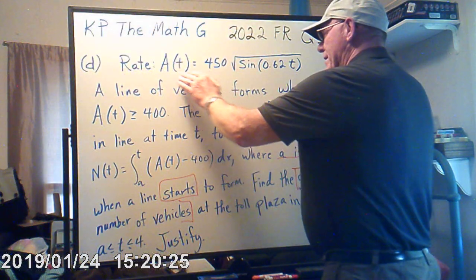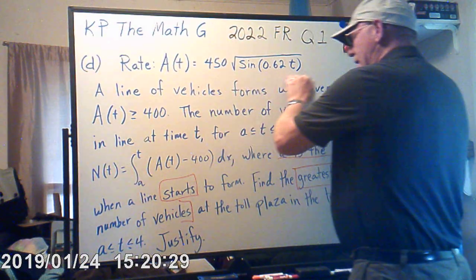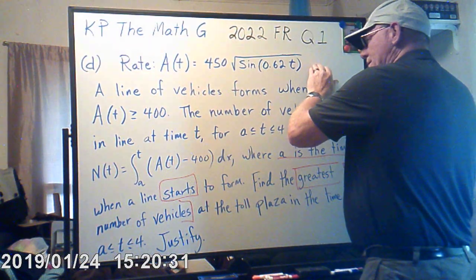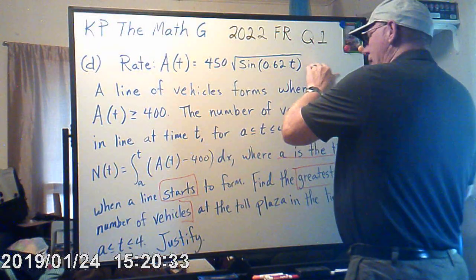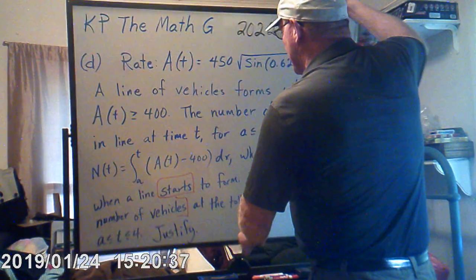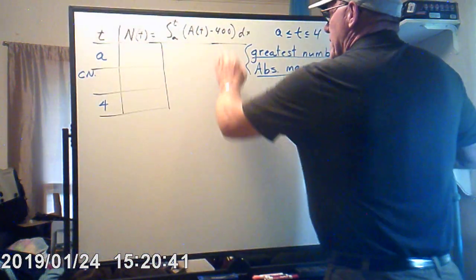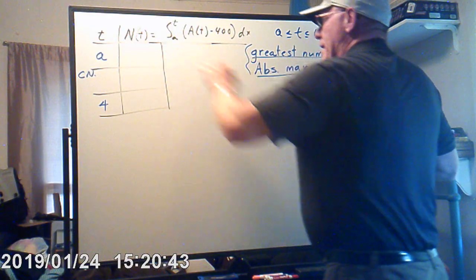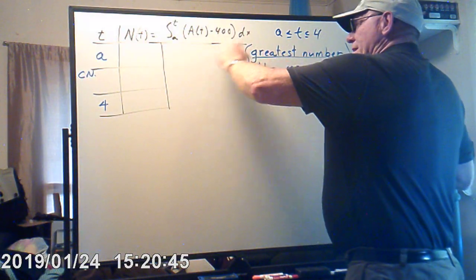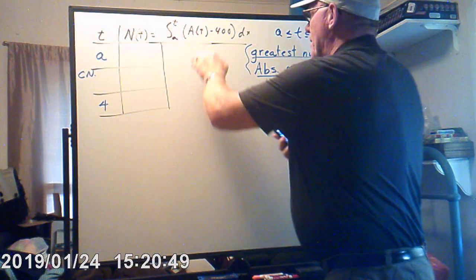What I have here is this part right here. N at t is minus 400. What we have to understand here is that I've got this in there. That's the first thing you need to do, is put that part in there.